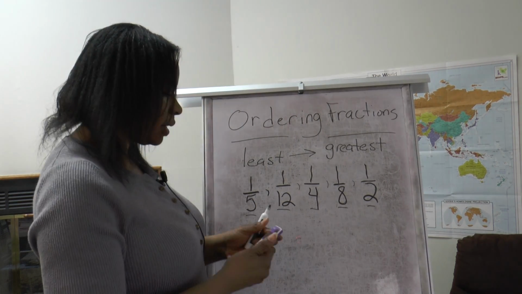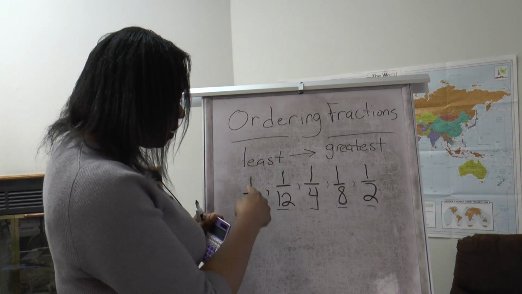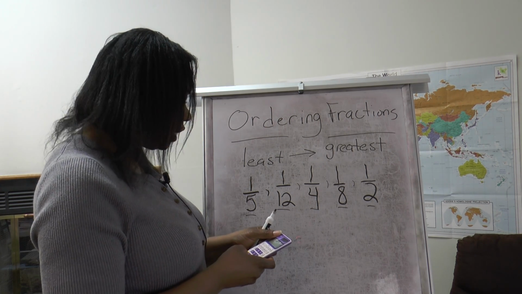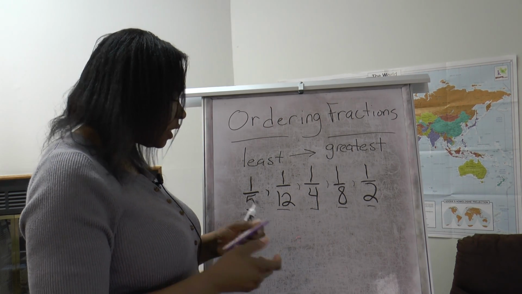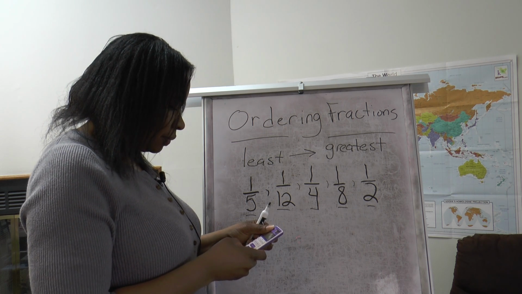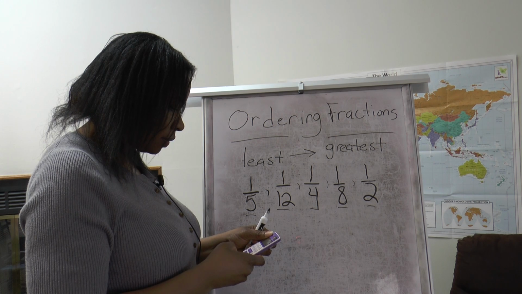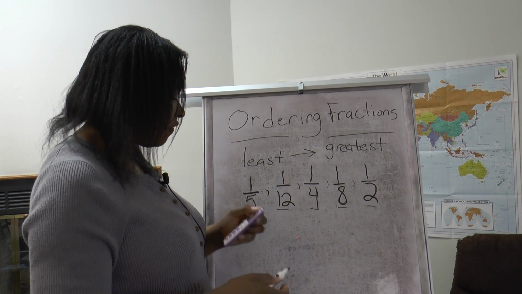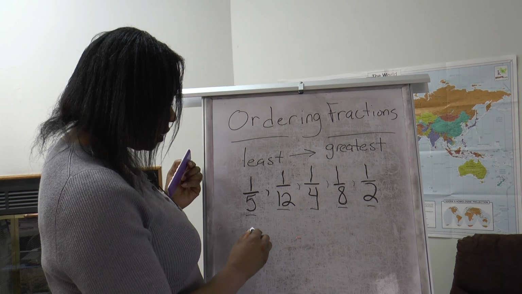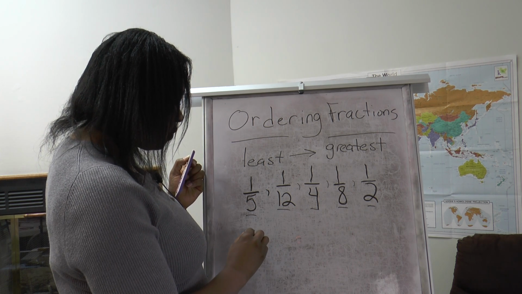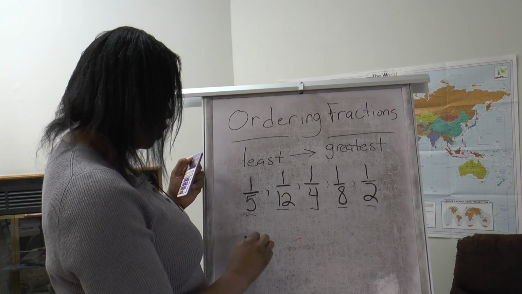So I'm going to use my calculator for this, and I'm going to break down each of these into a decimal. So 1/5 is simply dividing 1 into 5. So you get, dividing 1 into 5, the decimal.